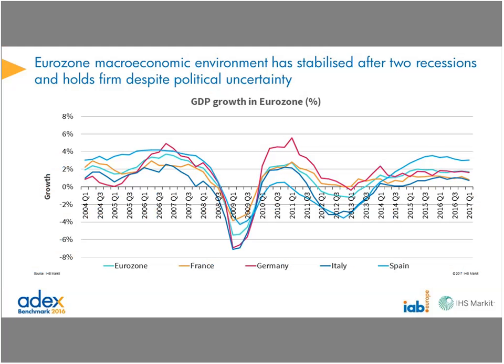Talking about macro, what is key, of course, is the economic performance. Advertising is very closely correlated to economic performance, in particular industrial production and household consumption, and GDP is another very important measure here. And we can see that in previous iterations of our study, we had to measure the growth of online advertising against a very tough macroeconomic environment. We had a double-dip recession in Europe, as you can see very clearly here in the 2009 and in the 2012-2013 dips.